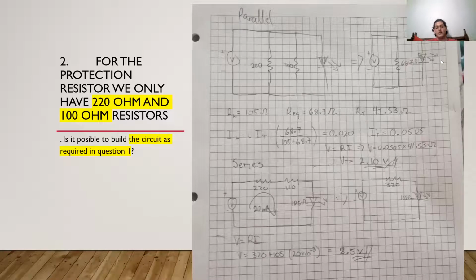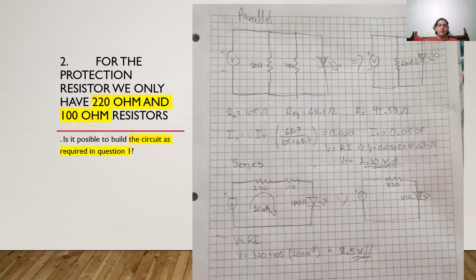Because we know the current in the LED is 0.020 amps, and we know all the resistances, the internal and the equivalent of the two parallel ones, the total current is 0.0505 amps. Now using Ohm's law again, the voltage from the source should be 2.10 volts in order to work this out.